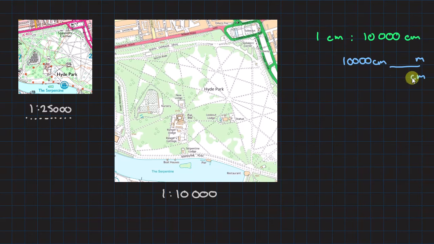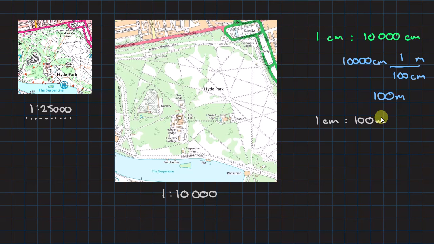Let's change it into the next scale up, which is metres. 1 metre is 100 centimetres. So I'm going to take 10,000, multiply by 1, divide by 100, and that gives me 100 metres. So this engineering map is actually a scale of 1 centimetre to 100 metres. And that means that they can plan buildings quite well.